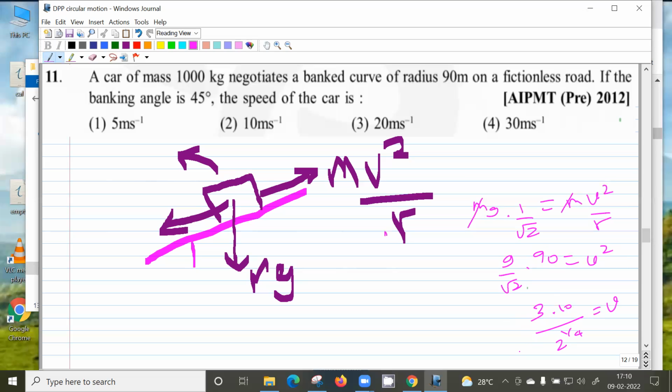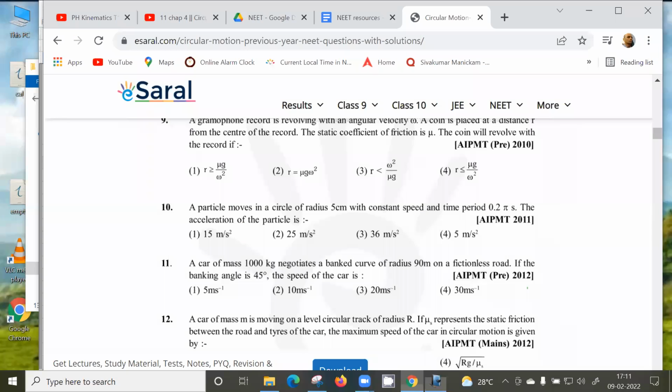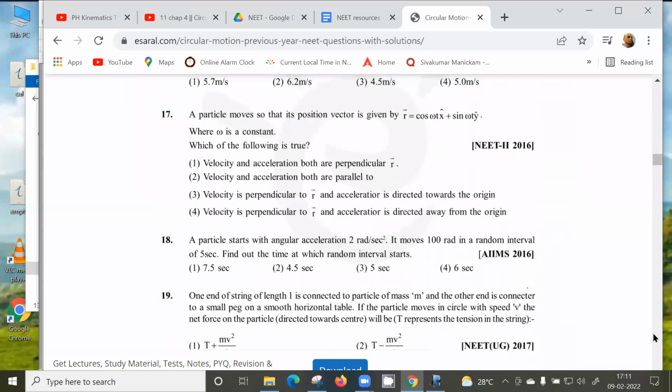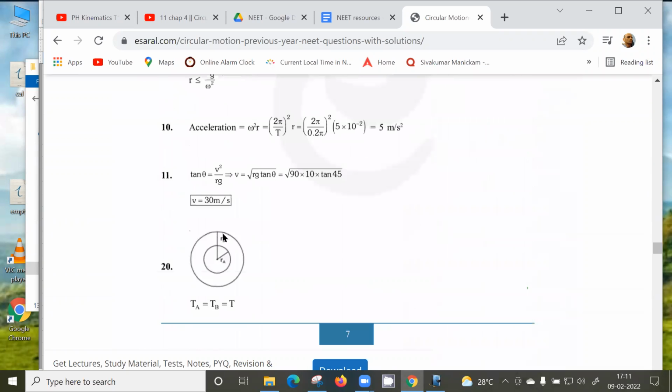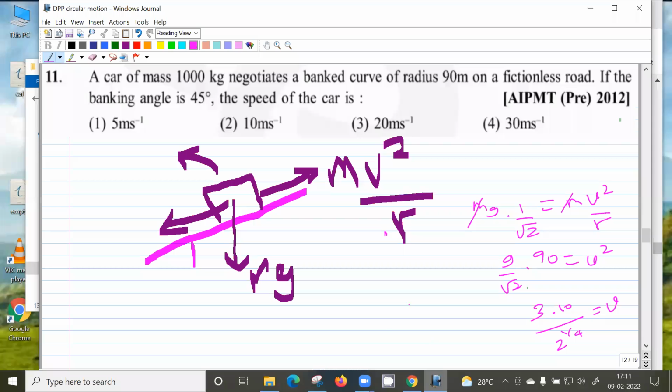So 30 by something. Why is it tan theta? Oh yeah.